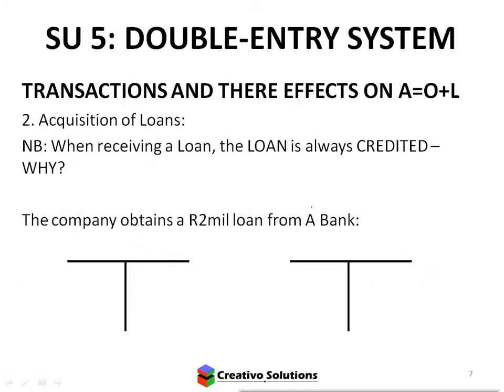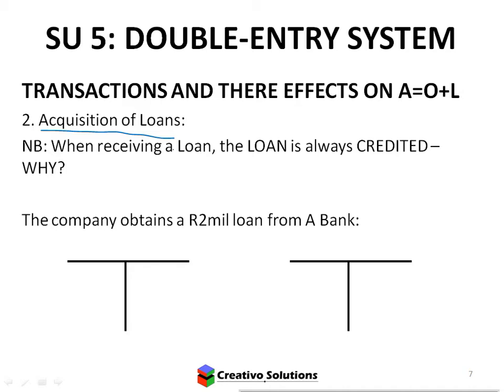Let's apply what we now know in terms of process. This is practice, this is application. Notice I'm not going to study this, so I don't have to go and learn this. The textbook tells you, when you have an acquisition of a loan, what does that mean? I'm taking out a loan. It means I'm going to go to the bank and apply for a loan.